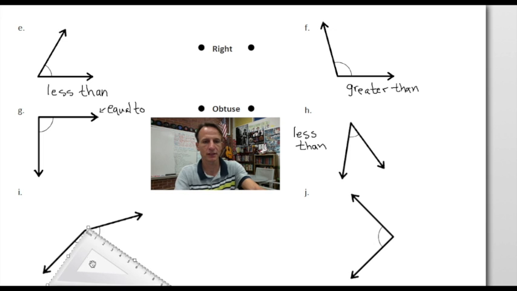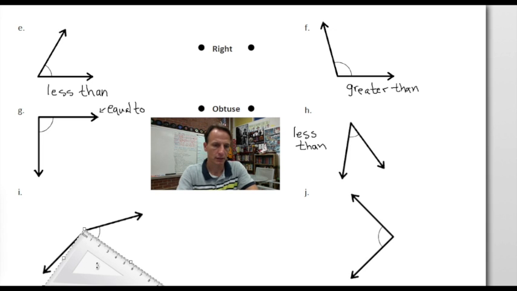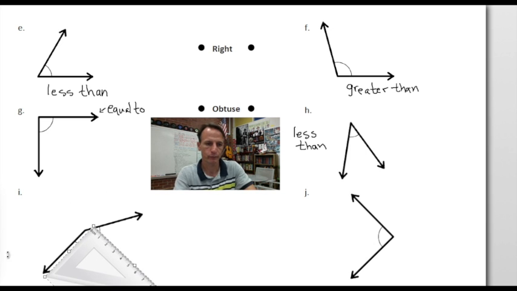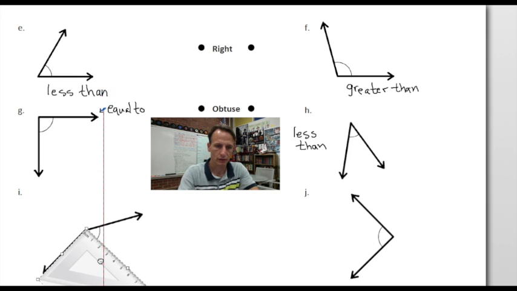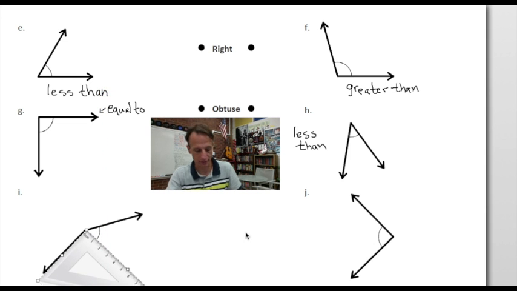I don't have it quite right, so let me get it quite right. Alright, so obviously, we get the idea. That is much bigger. We really didn't even need this square there, but okay, it's much greater than a right angle. I is obtuse.